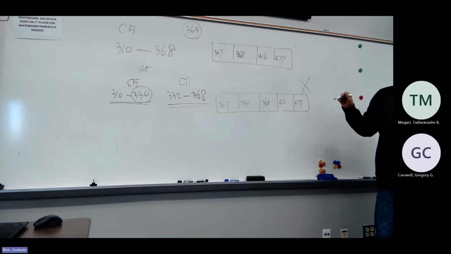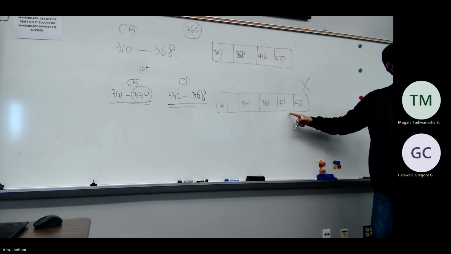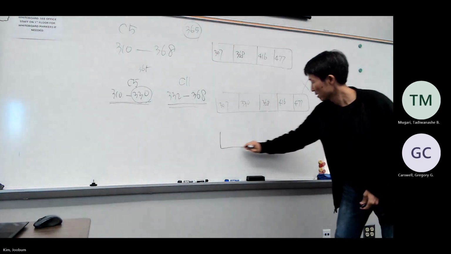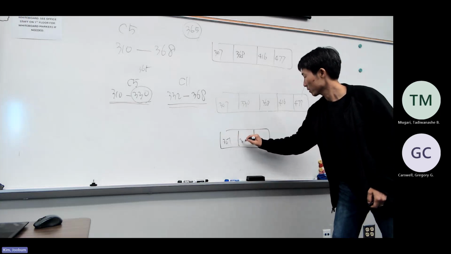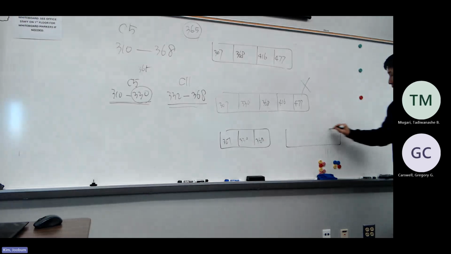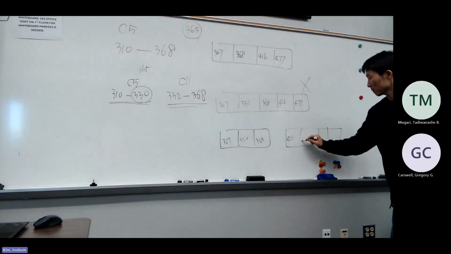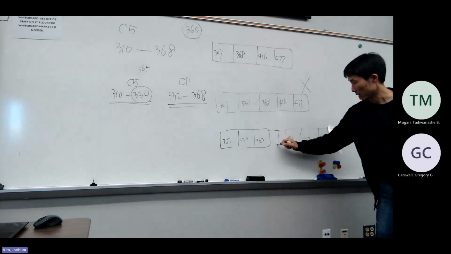So how? We have to split the node. How? 307, 330, 368 in one node, and another node, 416, 477, empty.